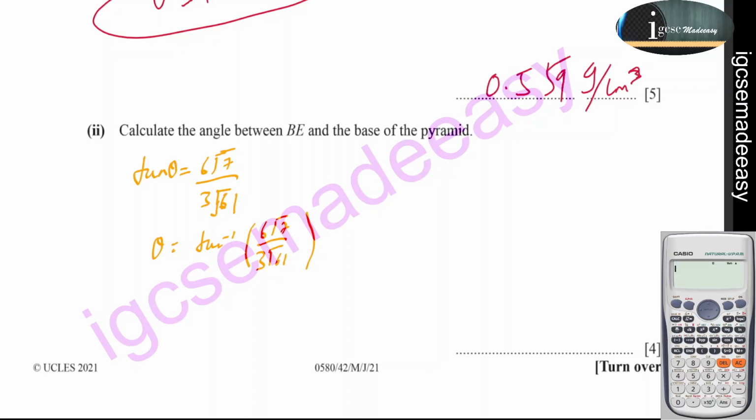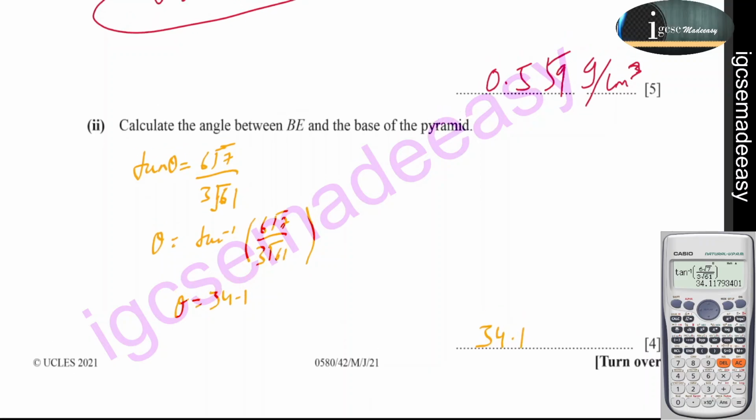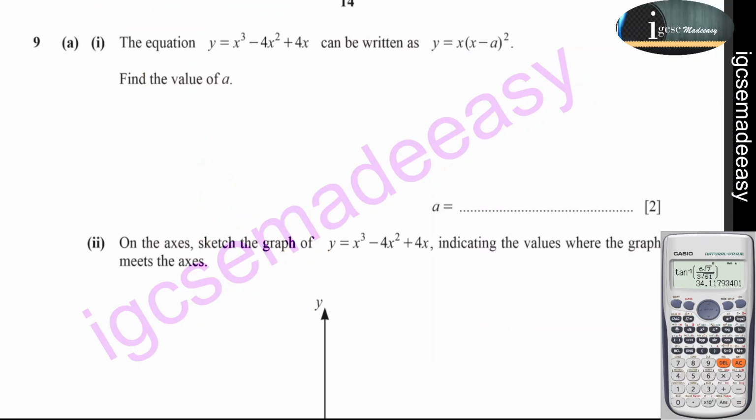If we solve this, it gives you the answer 34.1. Theta is 34.1 degrees. So this is how we have to do it. Let's move on. Question number 9.